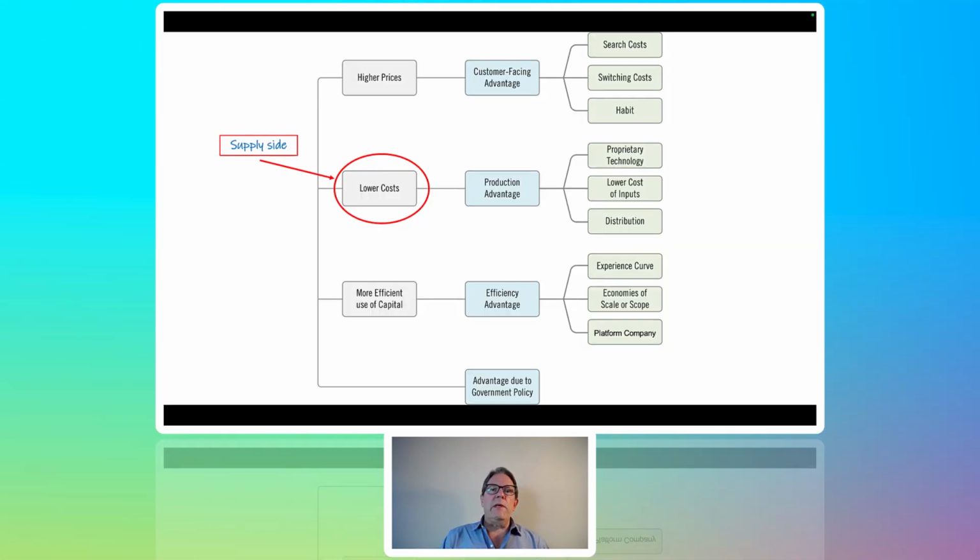Here's the matrix we use to show the four sources from Bruce's model. The first one we talked about in the last video is that higher prices, customer-facing advantage, that customer captivity. Today, in this video, I want to talk about supply-side advantage, which leads to lower cost than the industry average.